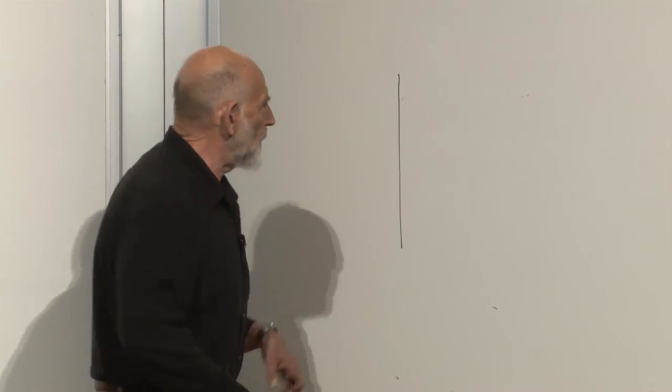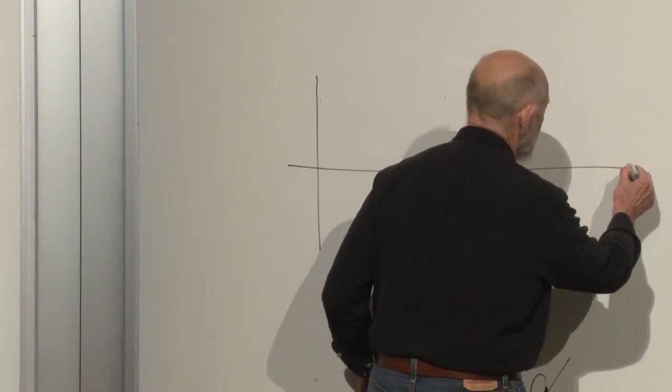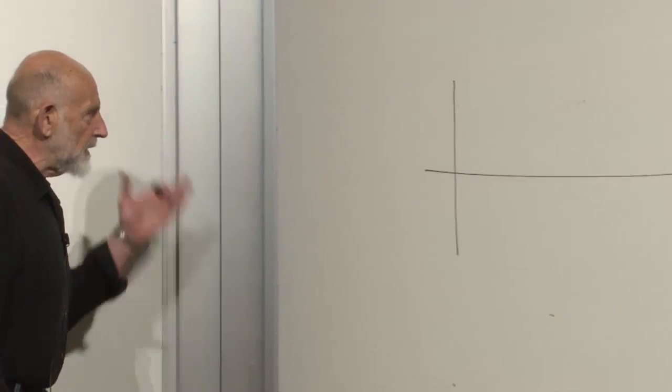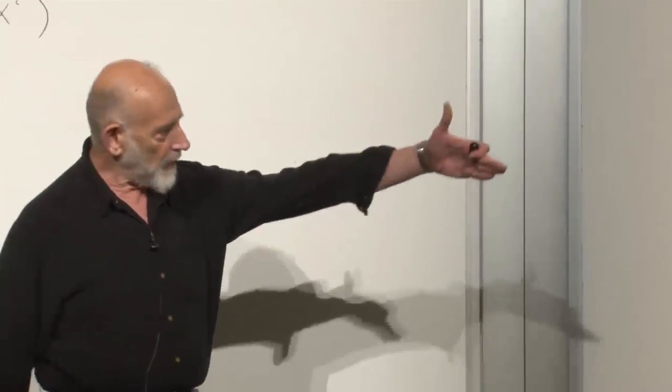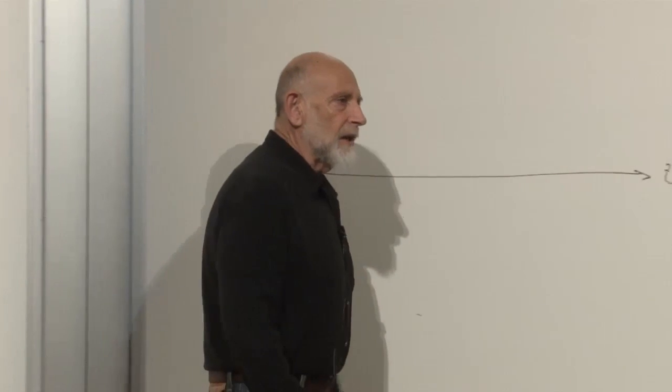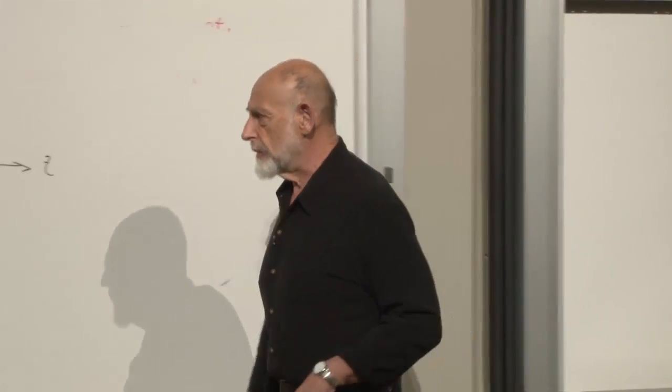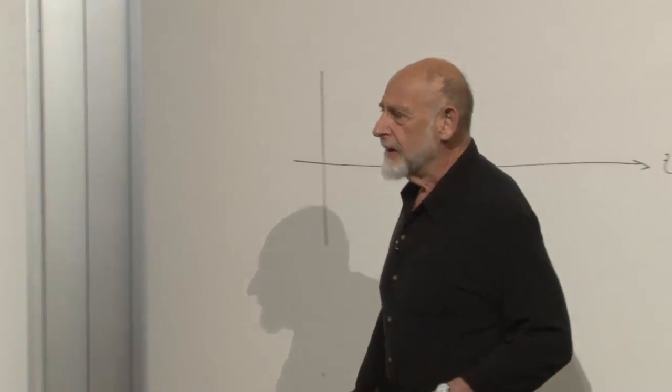Now, we're used to drawing the time axis as vertical. I'm going to draw it for the moment as horizontal, because I want to think about functions of time, and I want my independent axis to be time, horizontal. And the thing I'm going to plot is the position of a particle along, let's say, a one-dimensional axis.